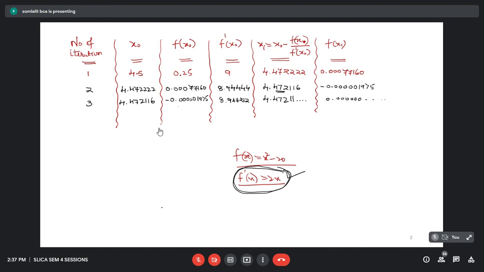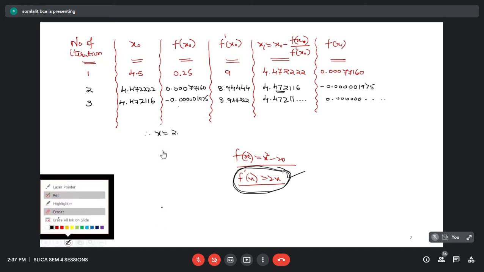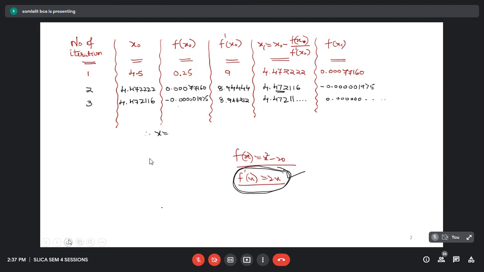So we can write here, therefore, x equals 4.4721, at least this much you can write. 4.47211 if you want, you can write. This is a root, correct to 4 decimal places.